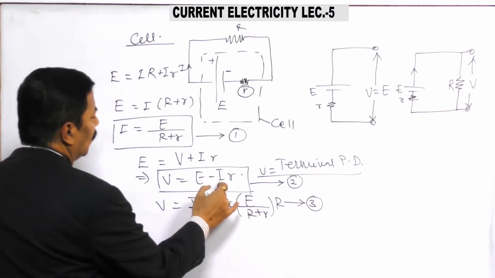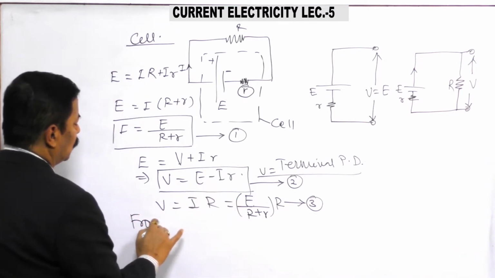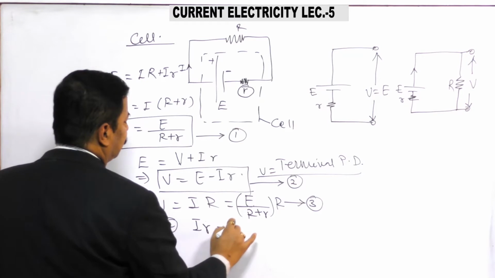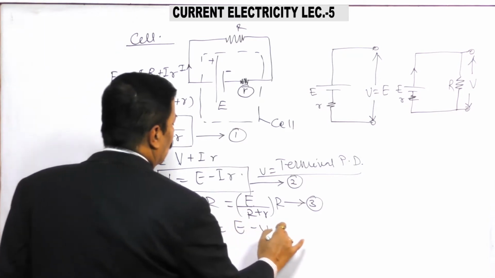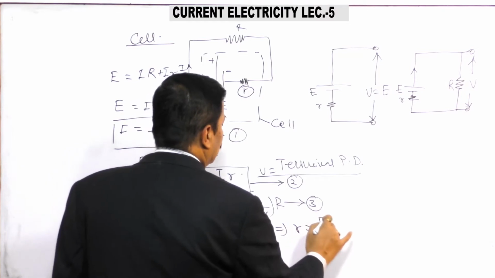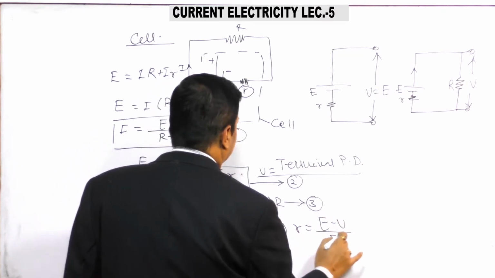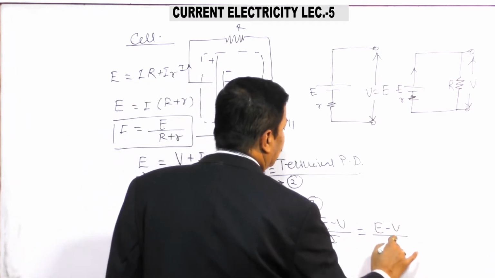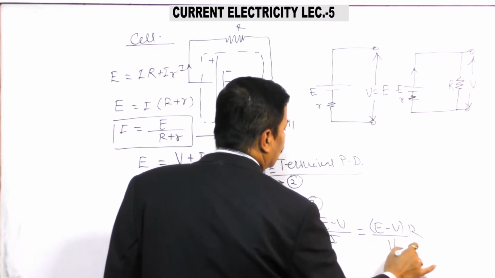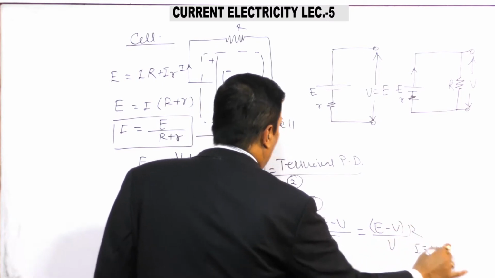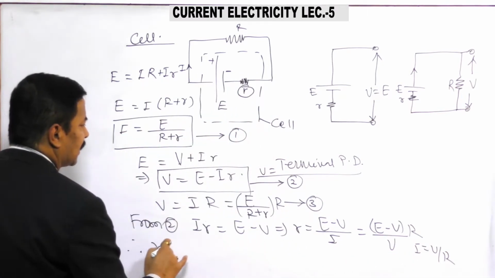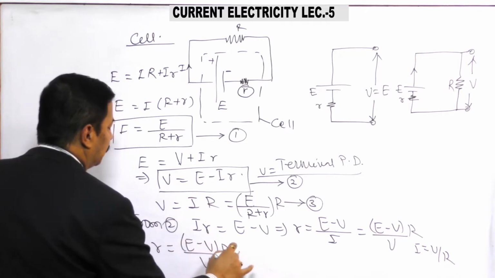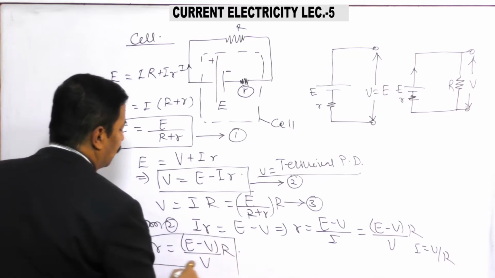From the second formula you can get the internal resistance: Ir is E minus V. So r is equal to (E minus V) by I, and I is equal to V by R. So it gives you (E minus V) by V into R. Therefore the internal resistance r is equal to (E minus V) by V into R. This is also a formula of our interest.